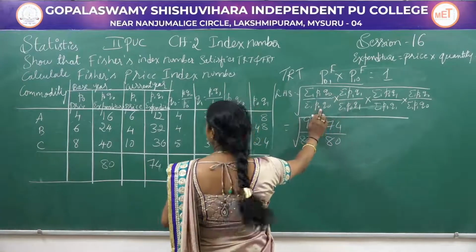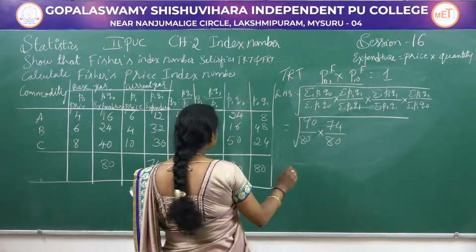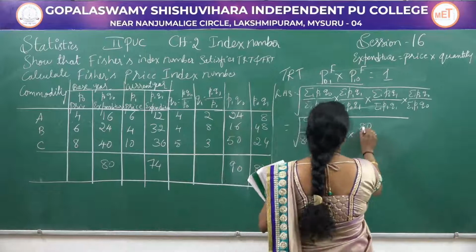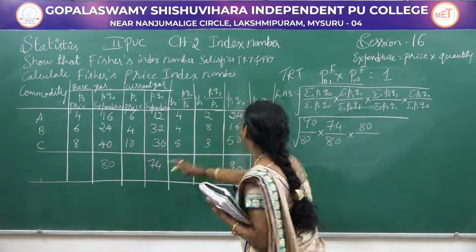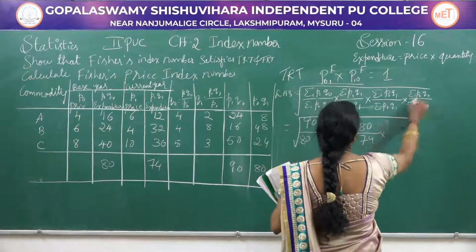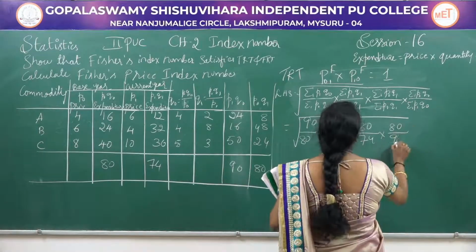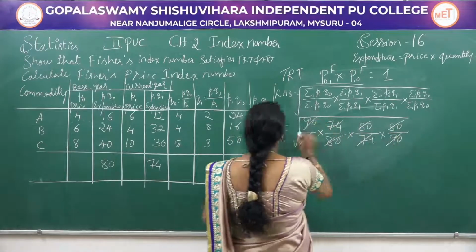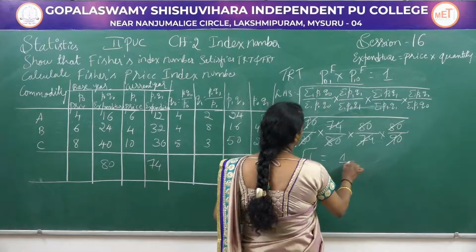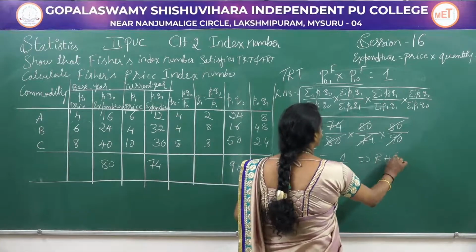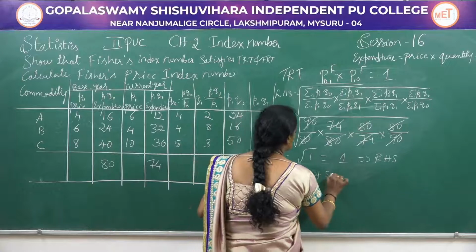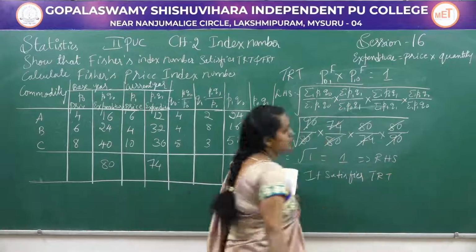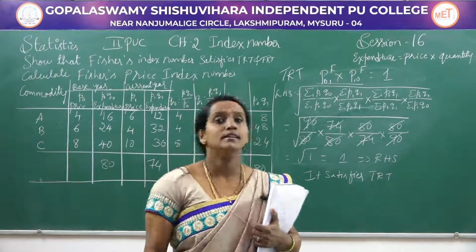P1 Q0 is also 80 into P0 Q1, it is 80 again. P1 Q1 is 74 into P0 Q0 is 80, P1 Q0 is 90. Now just cancel the numbers. This is root 1, or it is equal to 1. This is our RHS. Therefore, it satisfies TRT. So this Fisher's index number satisfies TRT.